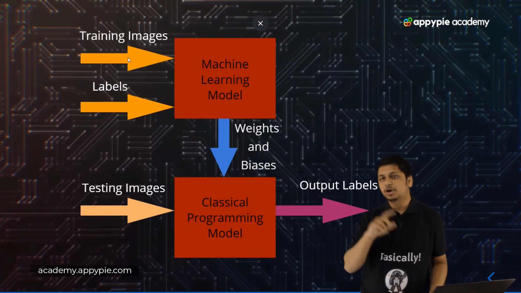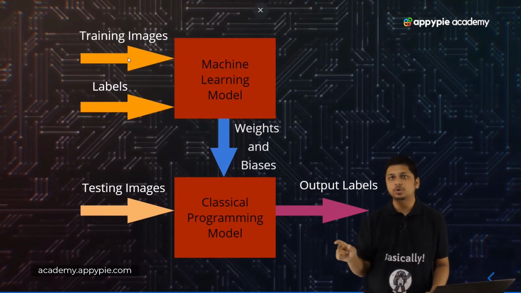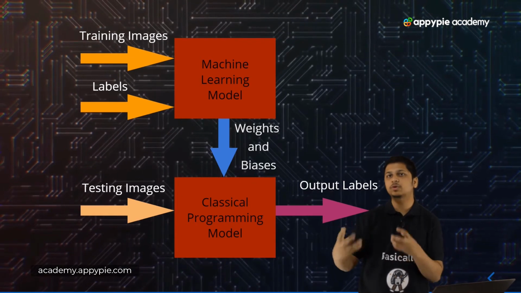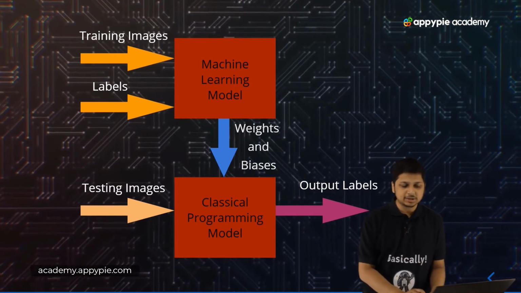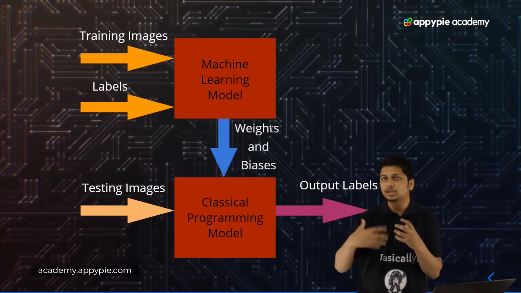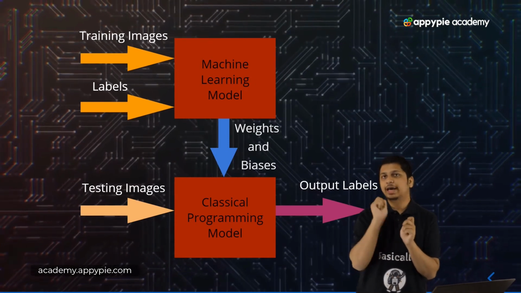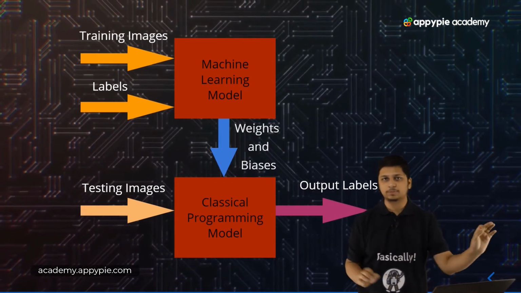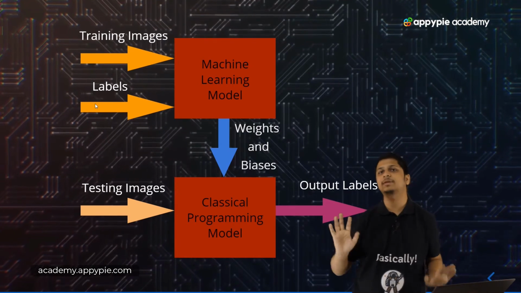But for now, for the process of training, all you have to do is change the value of the rules, so that the loss value or your error rate from the expected output which is provided over here is the minimum.